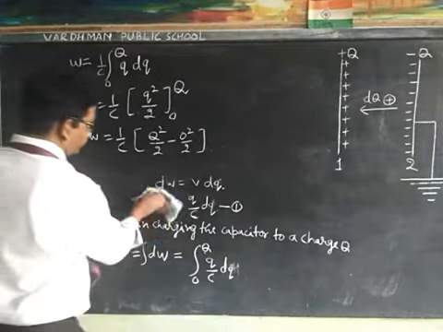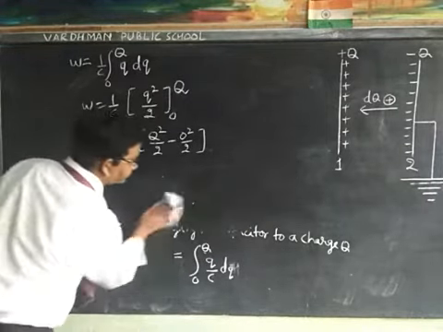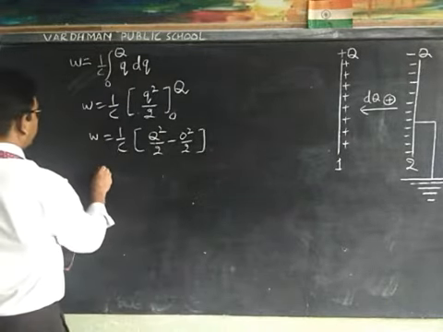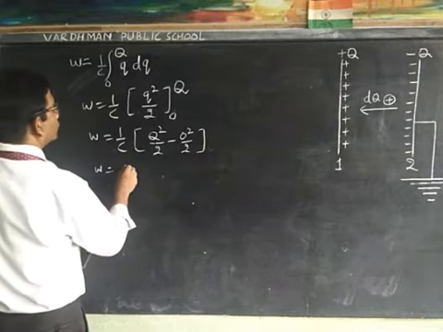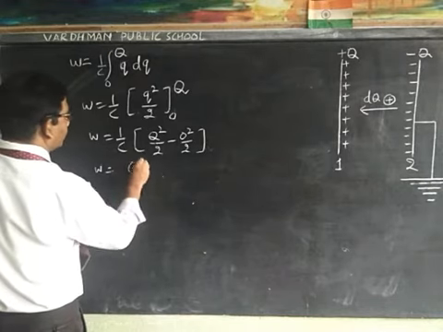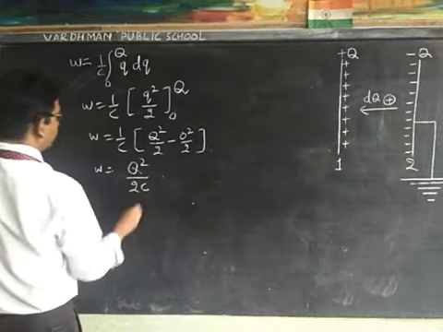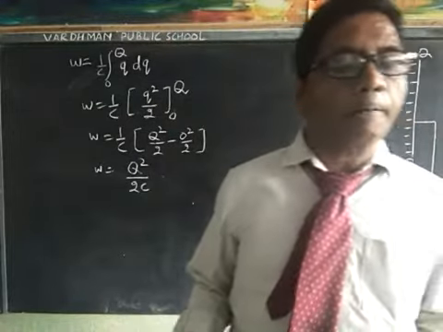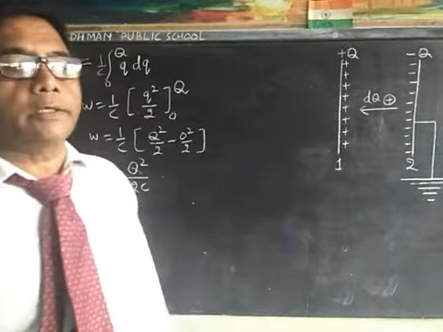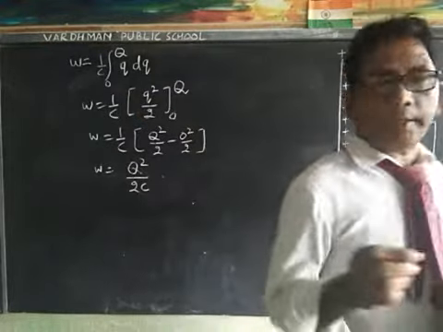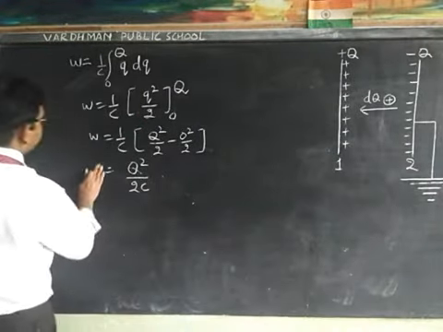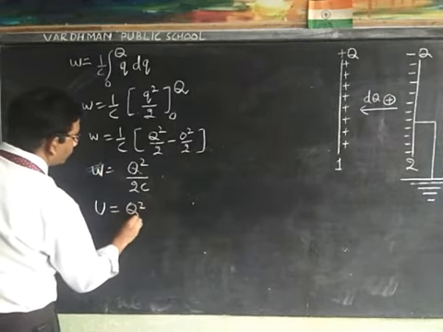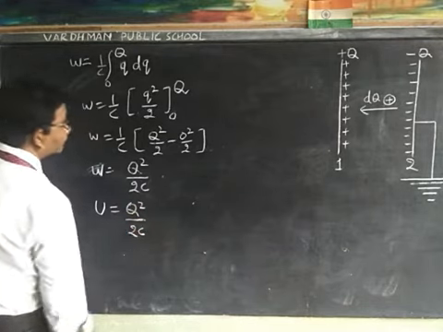You can write W is equal to Q square upon 2C. This work done is stored as electric potential energy. This is represented by U. Therefore, U is equal to Q square upon 2C. Suppose this is equation second.